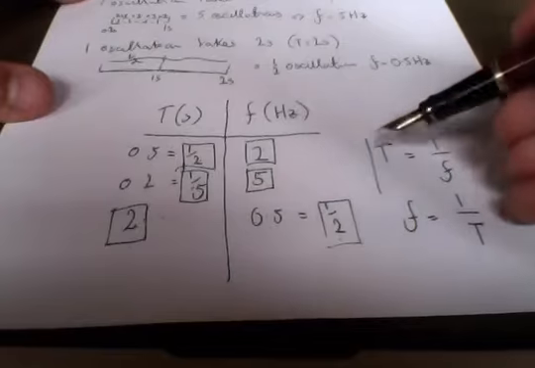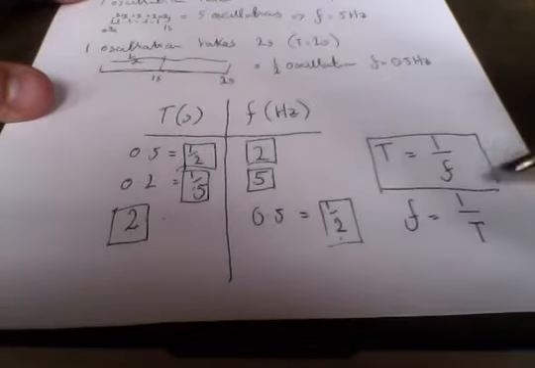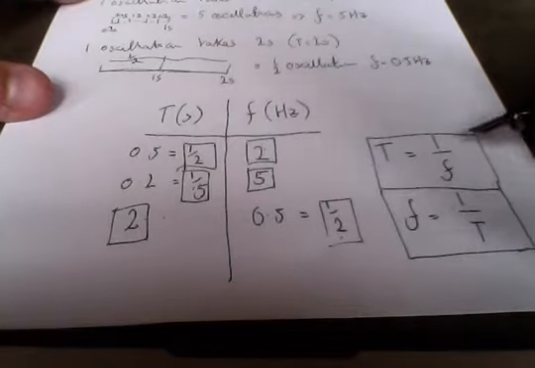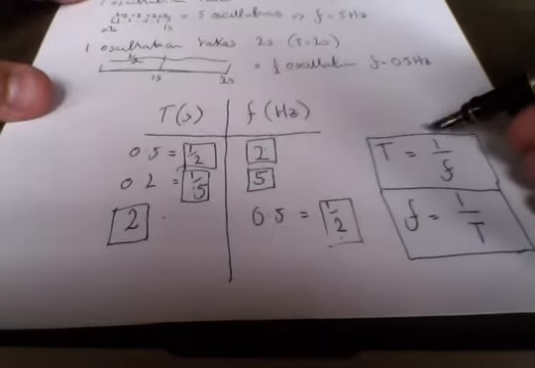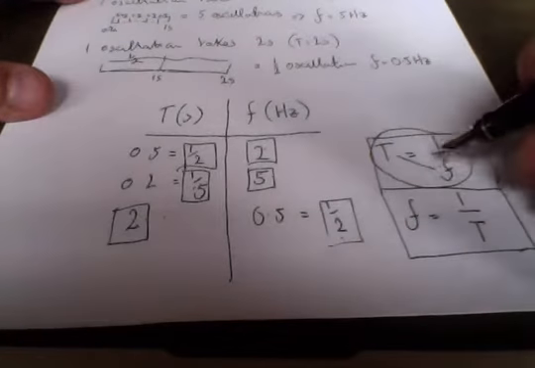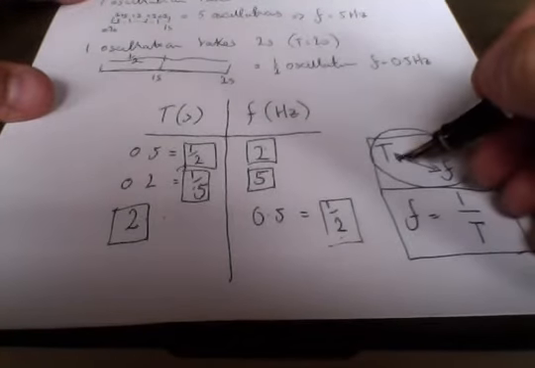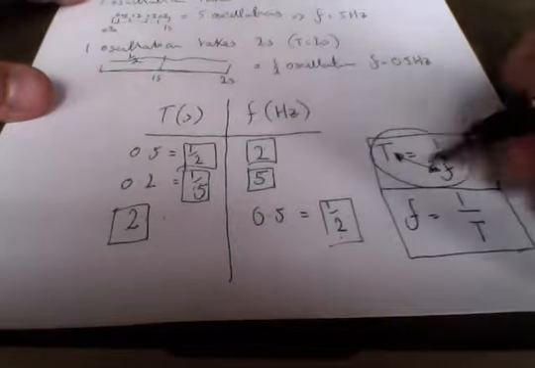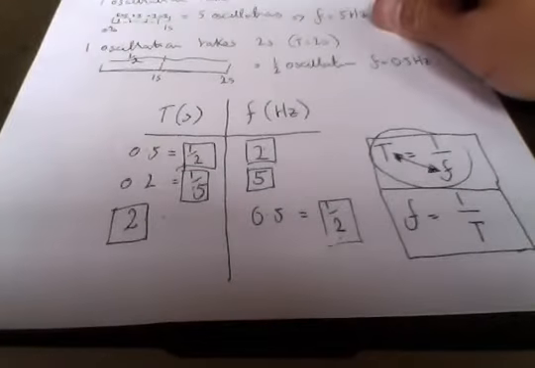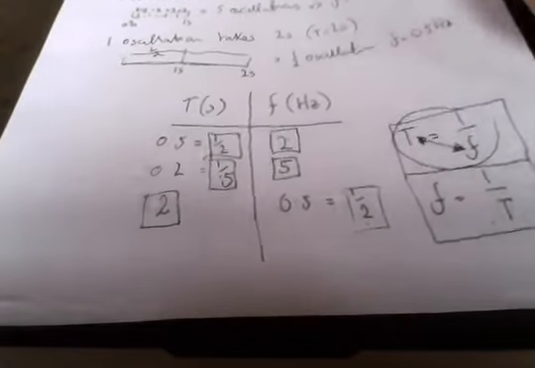So hopefully you can understand where these relationships have come from, and you need to be able to memorize those two equations or rearrange just one of them. Remember, these parts of the formula can exchange places quite happily. Okay, now with that in mind, let's look at a few more examples. Being able to bounce between time period and frequency, hopefully with confidence this time.